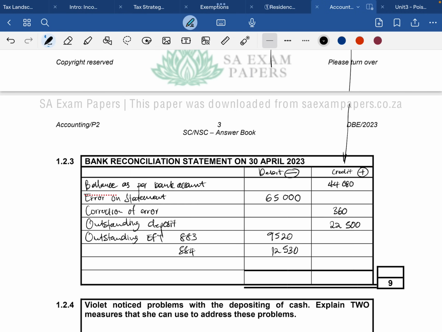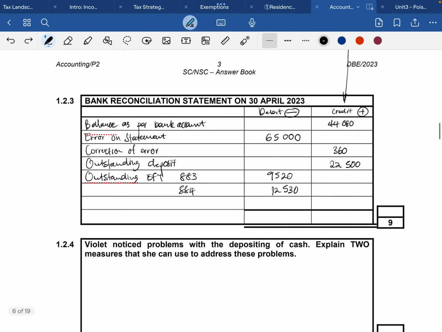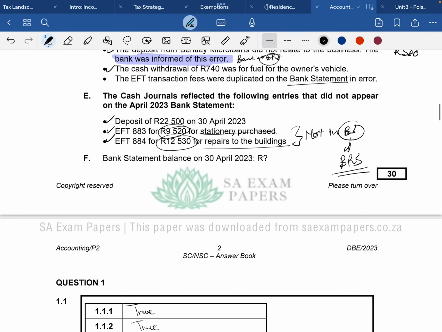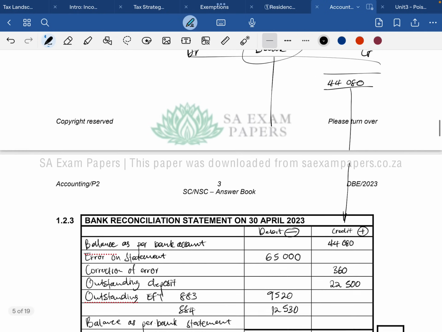Because remember, these are payments, so they will reduce the balance of our bank statement as per the books of the bank, right? Then we have our balance as per bank statement, right? So the balance per bank statement here, we were given a question mark, right?